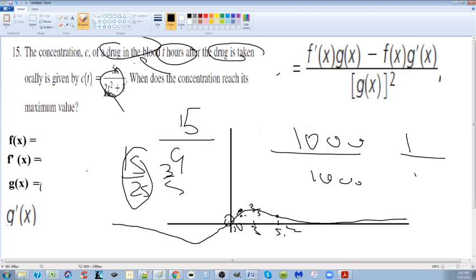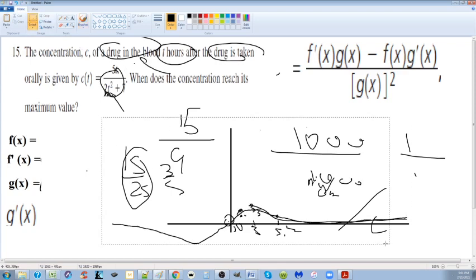The amount of drug is given by concentration, so it's high concentration. They don't tell us the units, but it's usually milligrams per milliliter of blood, and then it's per time. So it's a high concentration of drug in the body, and then it diminishes. So it's good to know what this graph does.